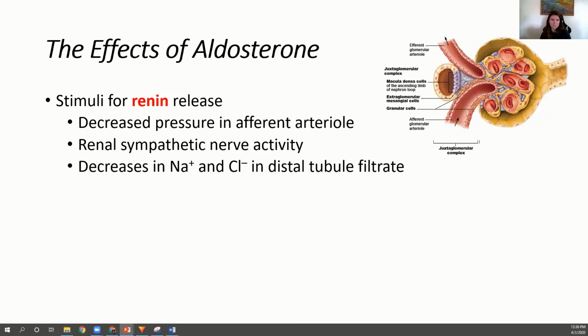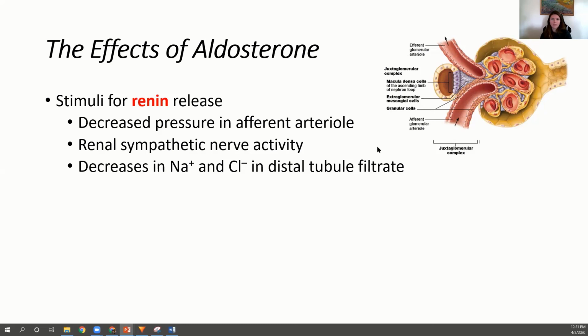Under certain conditions, this is going to mean that we'll have drops in sodium and chloride concentration in the fluids that are moving past or through this juxtaglomerular complex.